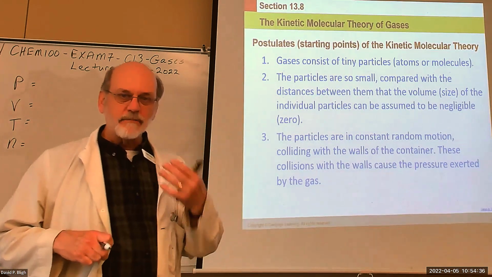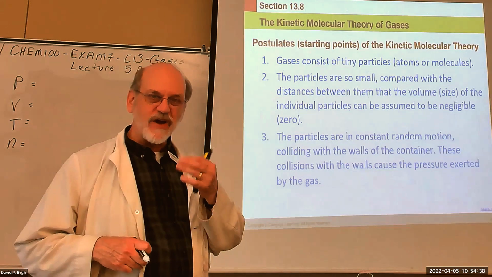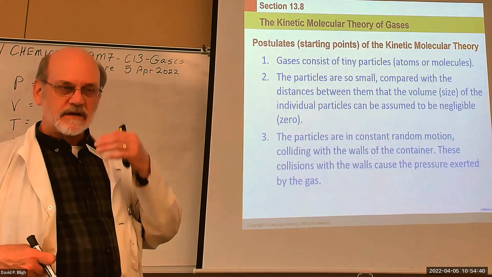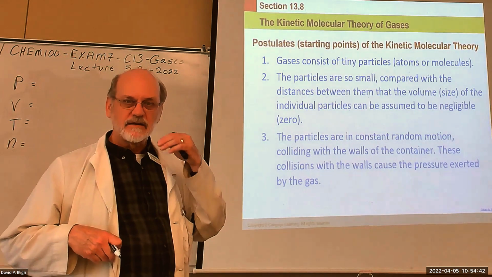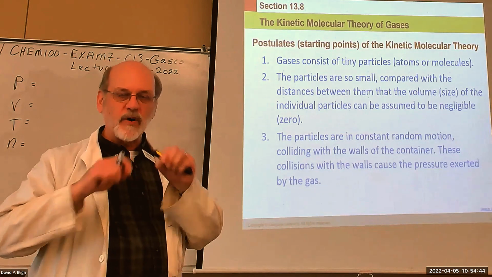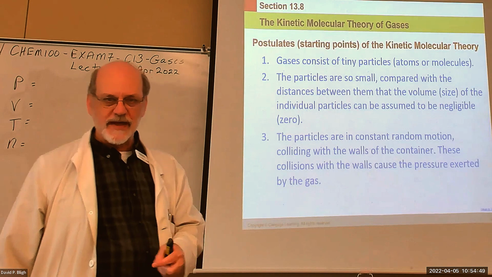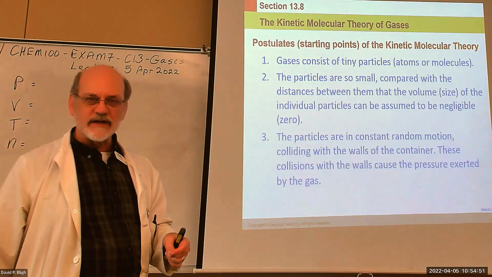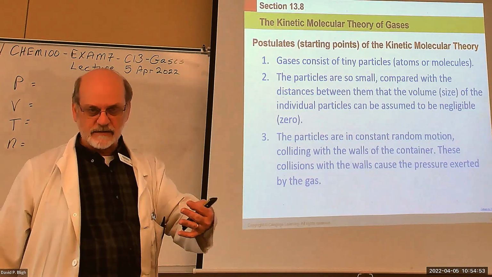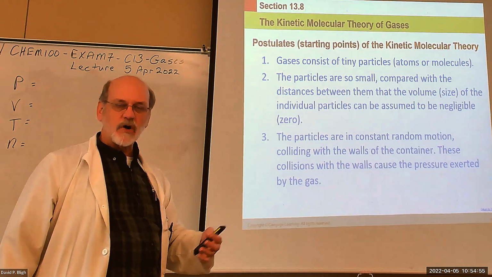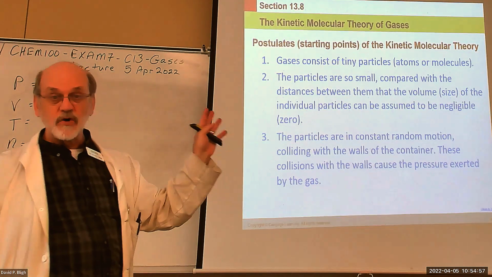We don't have the computing power and the ability to track the trajectory, the velocity, the mass of every particle in that gas. There are just too many of them. No supercomputer can do that. So we have to treat it on a statistical basis. Random motion.